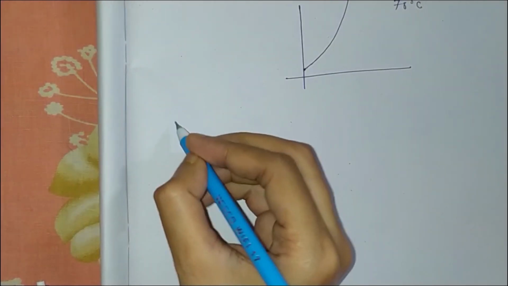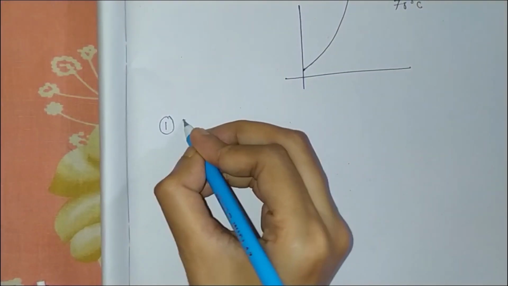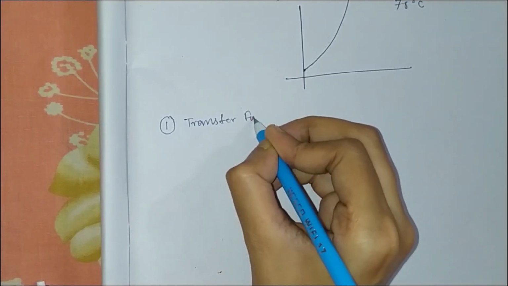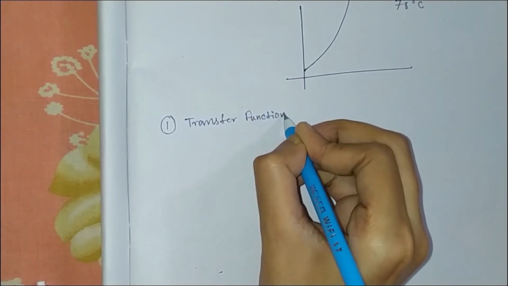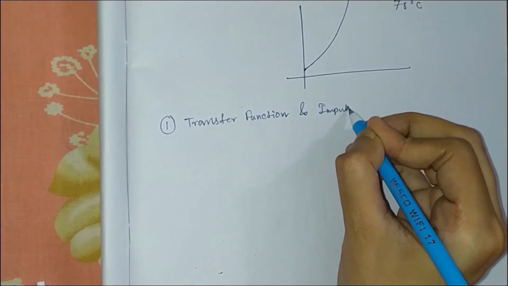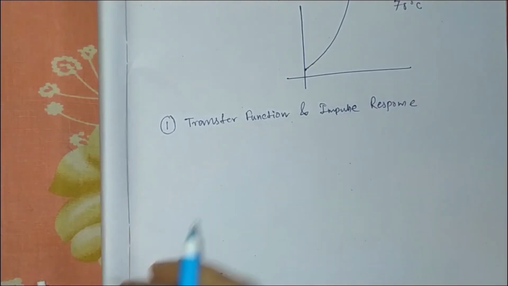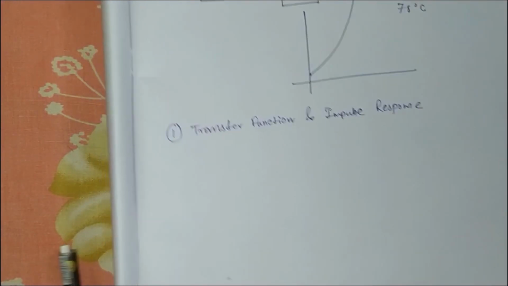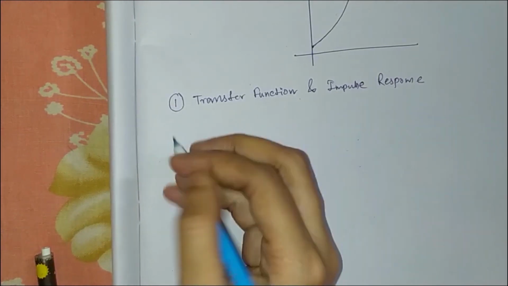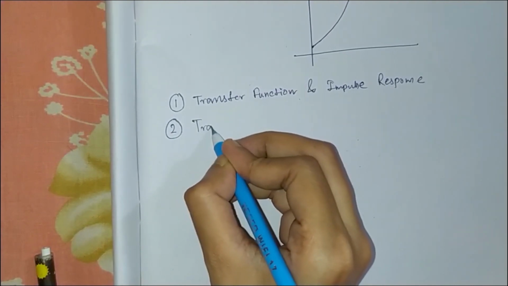So our first topic of the control system subject is transfer function and impulse response. Let me do one thing. Let me write the whole syllabus for your control system. This is your 1. Now 2 is transient analysis.